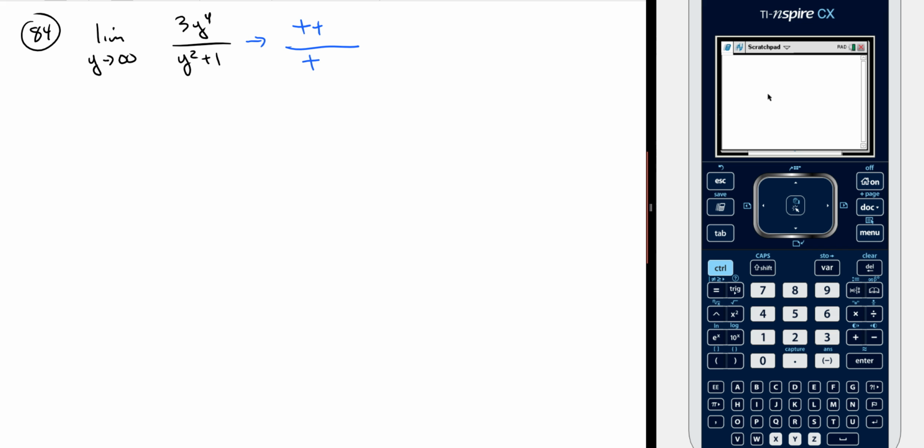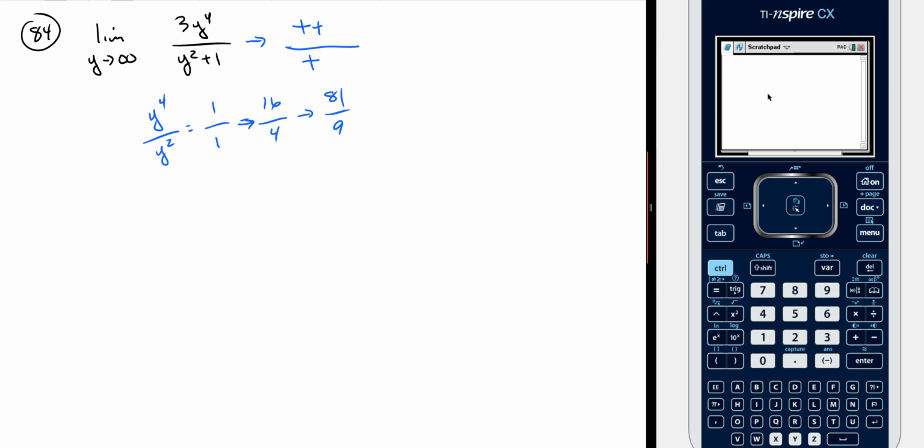So if we start thinking about some numbers that we could pick, if we just pick the number 1, just for y to the fourth over y squared, I'm not even worried about the 3 and the 1 right now. If I just have a 1 and a 1, obviously that's fine, but as soon as I put in a 2, I get 16 over 4. I plug in a 3, and I get 81 over 9.